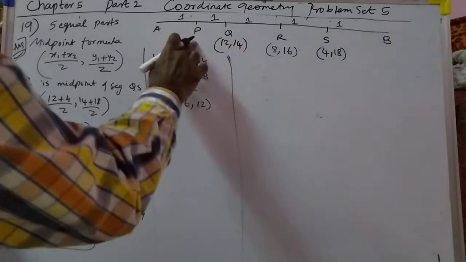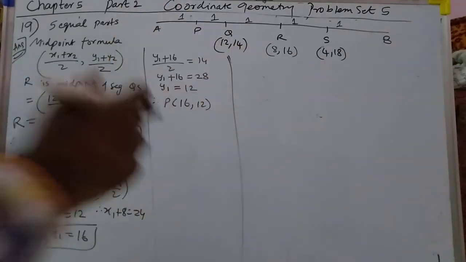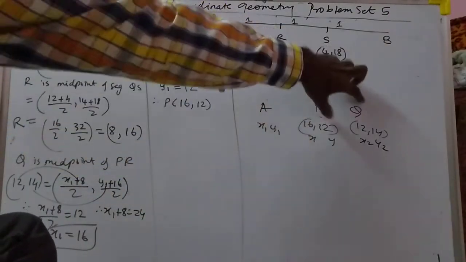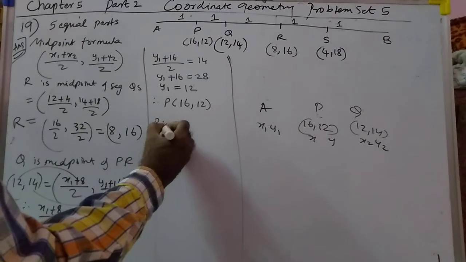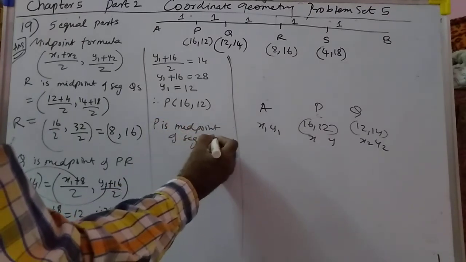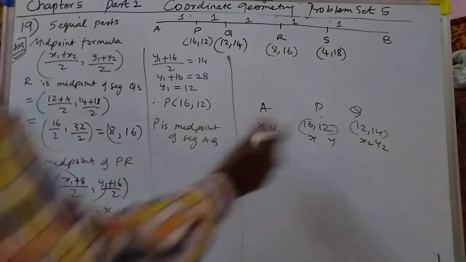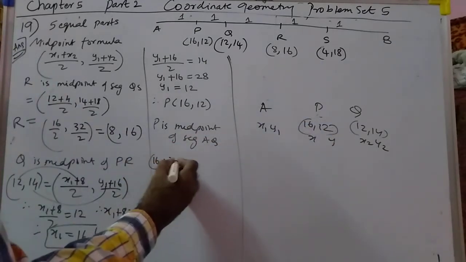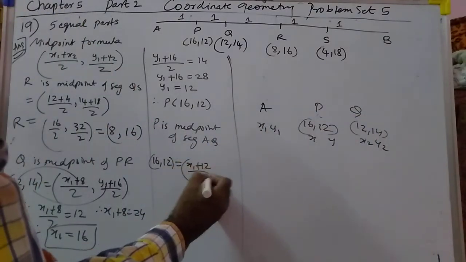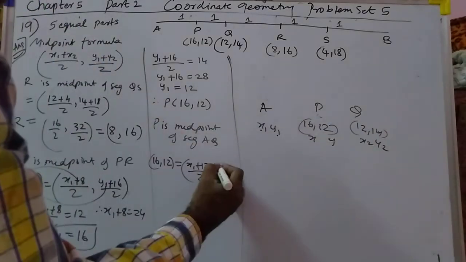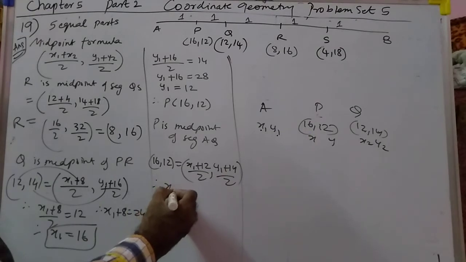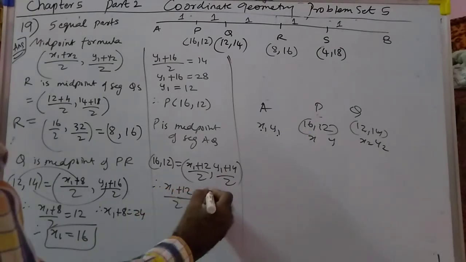Okay, you got this, now let us calculate for A. Now P is the midpoint of AQ. So here is this formula: 16 comma 12 is equal to x1 plus 12 and y1 plus 14. Now comparing it, therefore x1 plus 12 upon 2 is equal to 16.